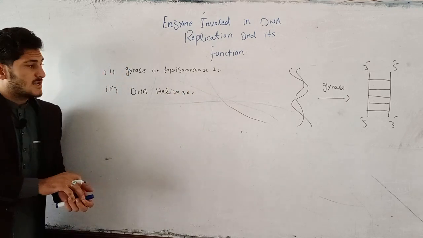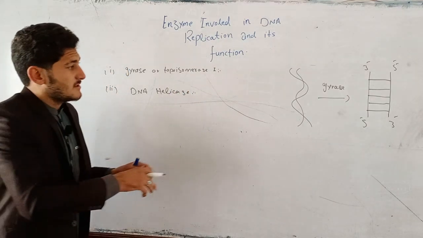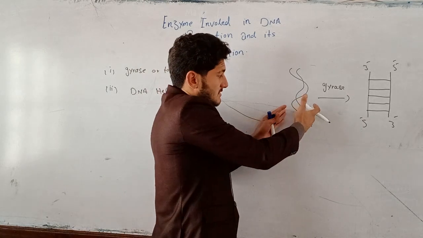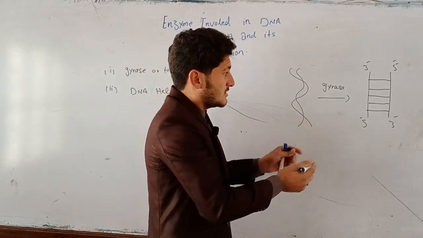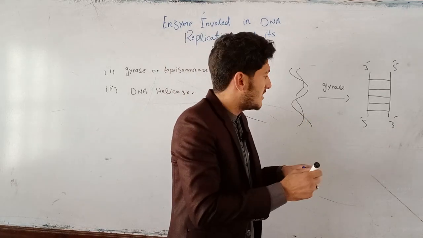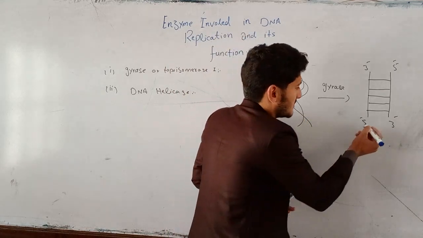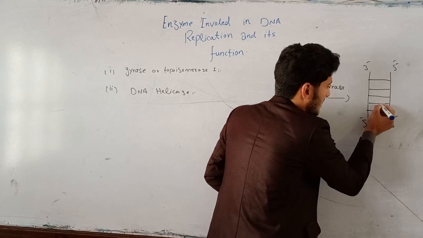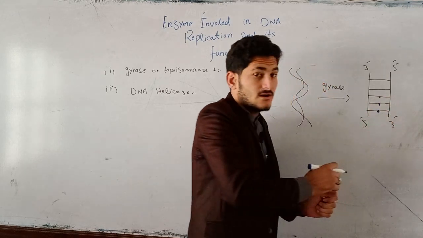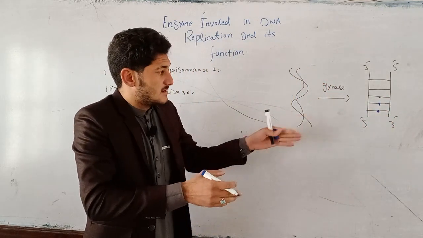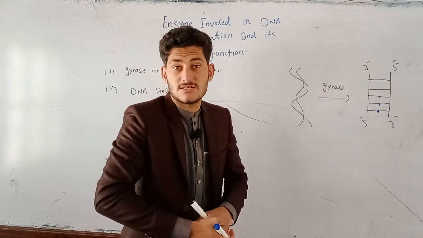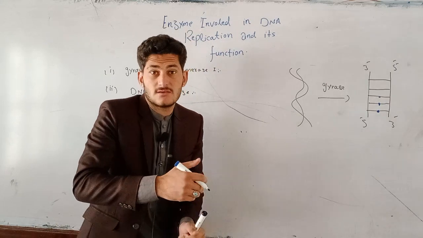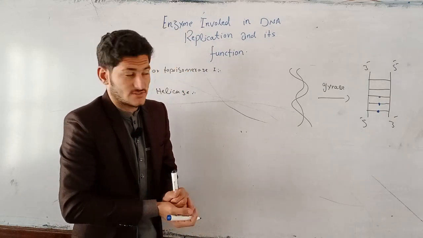What is the function of DNA helicase? When the coiled form of DNA is converted into a ladder shape, the helicase enzyme attaches at the hydrogen bonds and denatures them to form two template strands, which are used to synthesize the new strands.